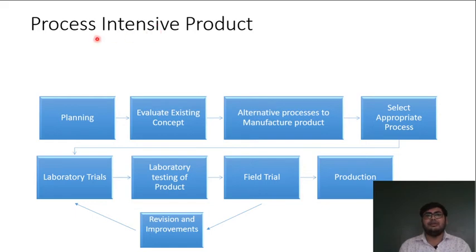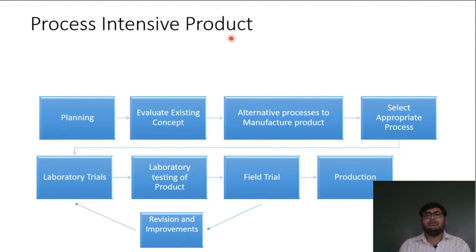Most of the drugs will be process intensive products, because we are not assembling drugs. We are not making one component of a pill or another component of a pill and assembling together. What we are doing is we are going through some process, we are heating some material, we are making some chemical reactions, all these are processes, and then we get our final product.